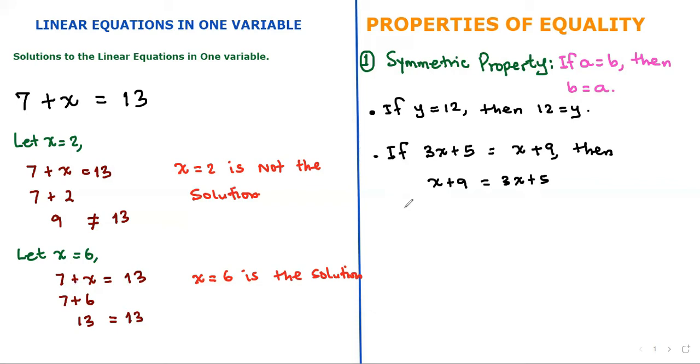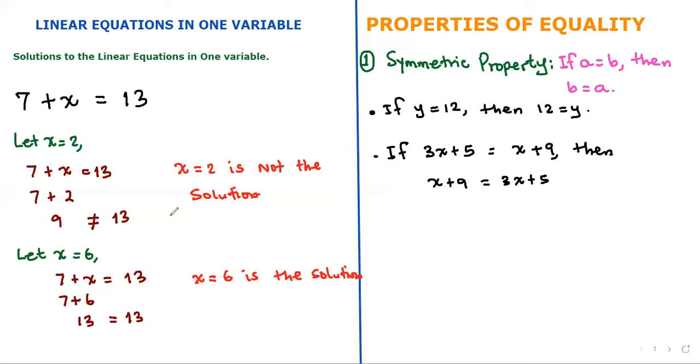So this shows you that what is on the left-hand side is equal to what is on the right-hand side. And that means that what is on the right-hand side is equal to what you have on the left-hand side. So that is the symmetric property.